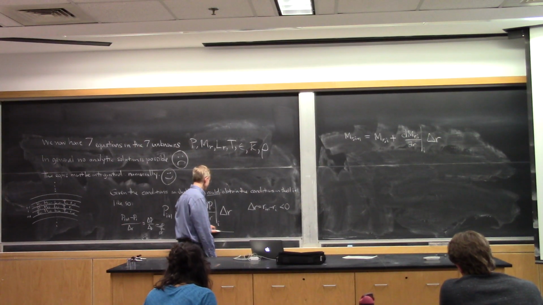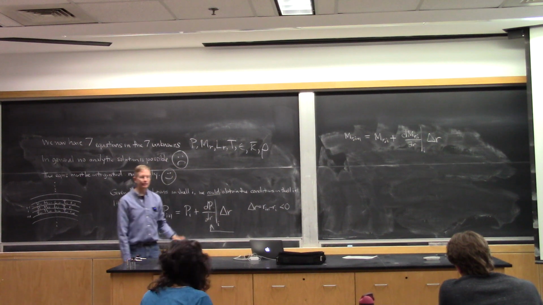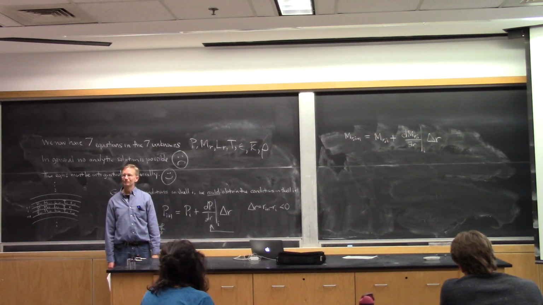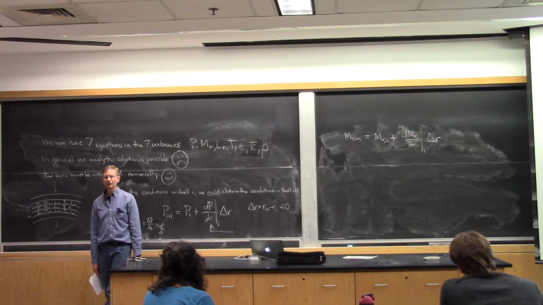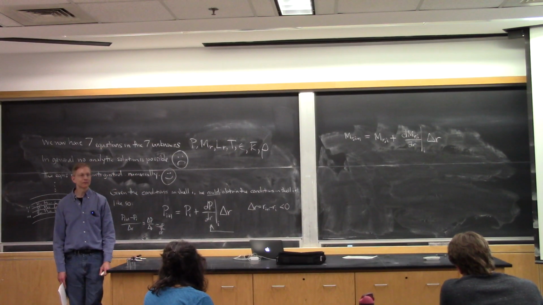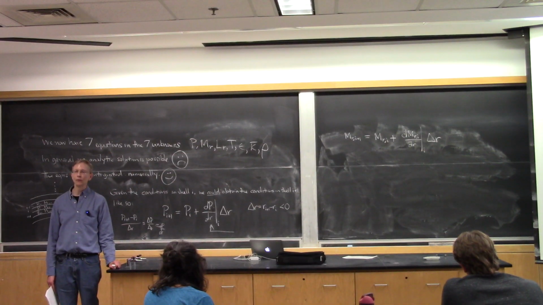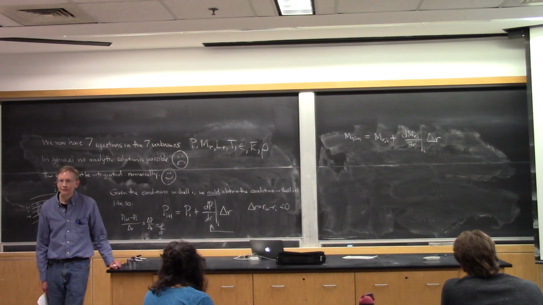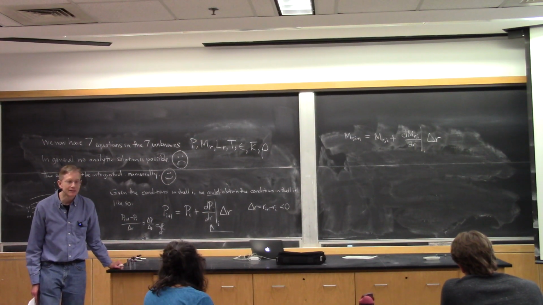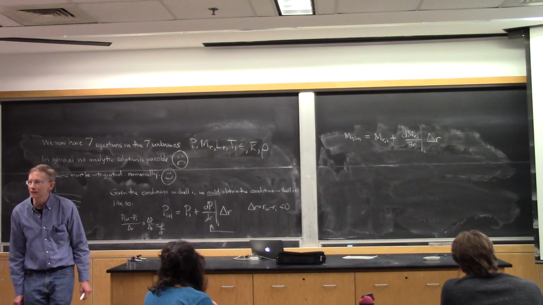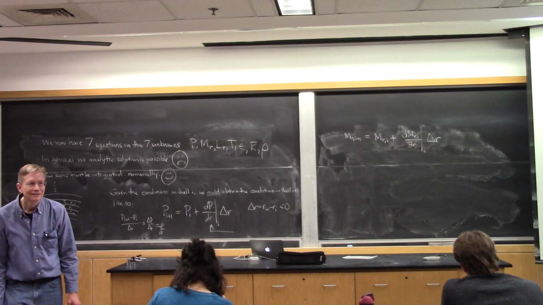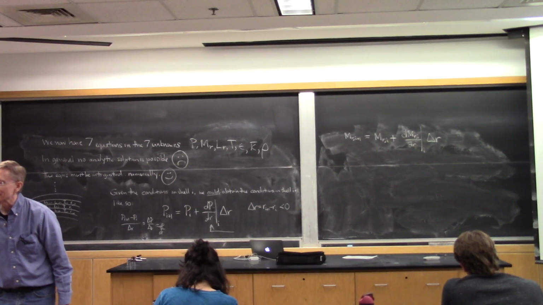And also, to be sure you're following, how do I know what dP/dr is? How do I know what that derivative actually is? Do we have an equation which tells us what that derivative actually is? And if so, what is that equation? Did we write down an equation for dP/dr? Yeah, what was it?